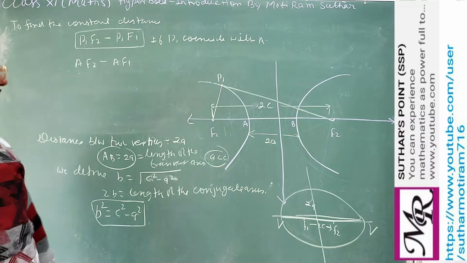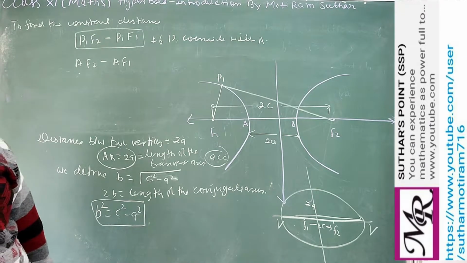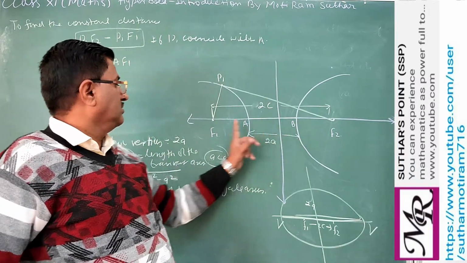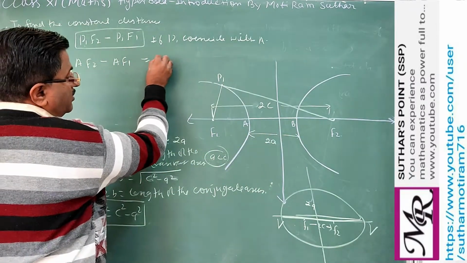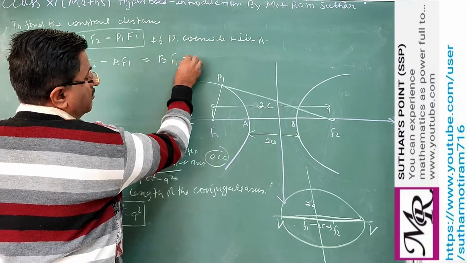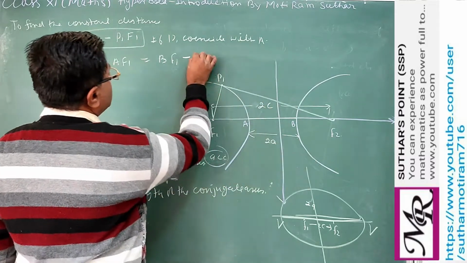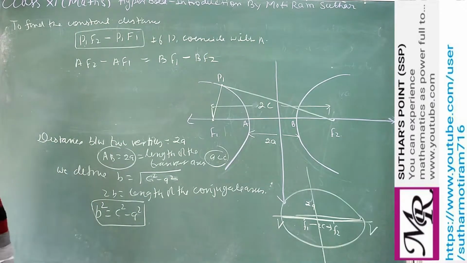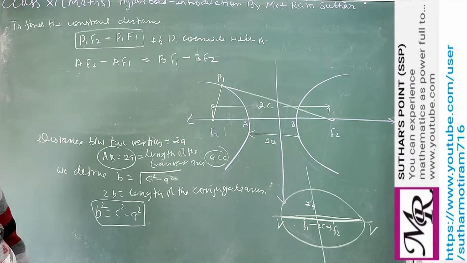So similarly, if you take this other point B, it should be equal to BF1 minus BF2. That is also the same by the definition.